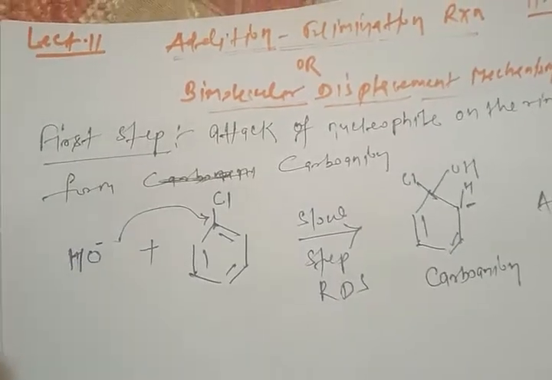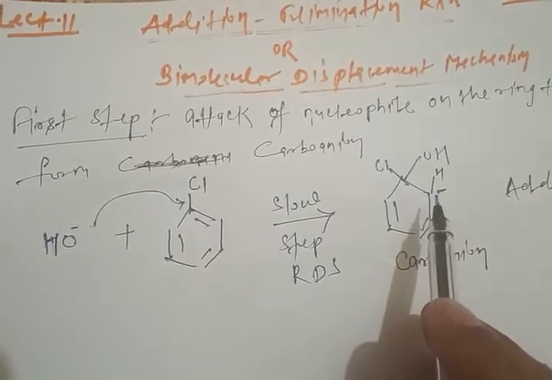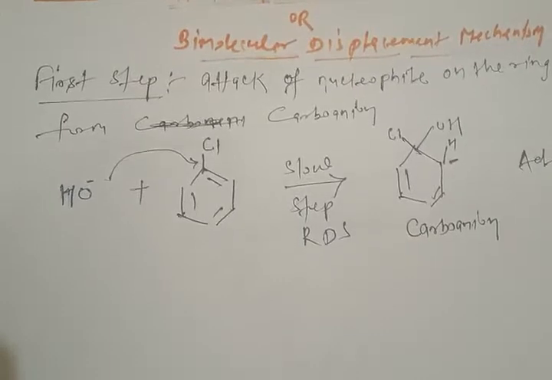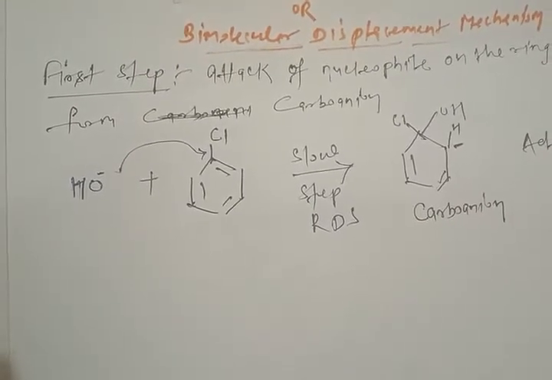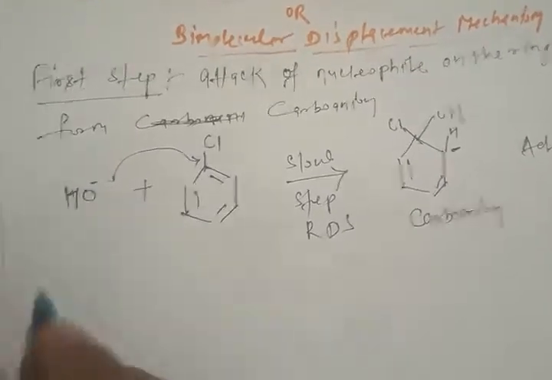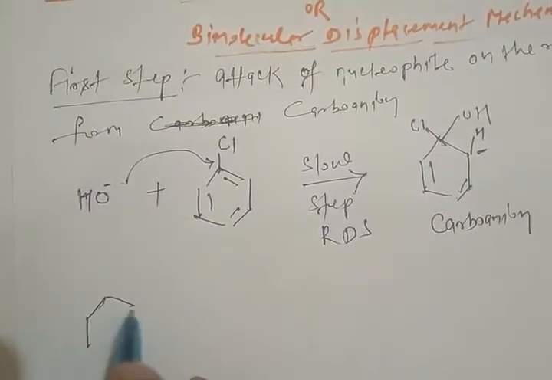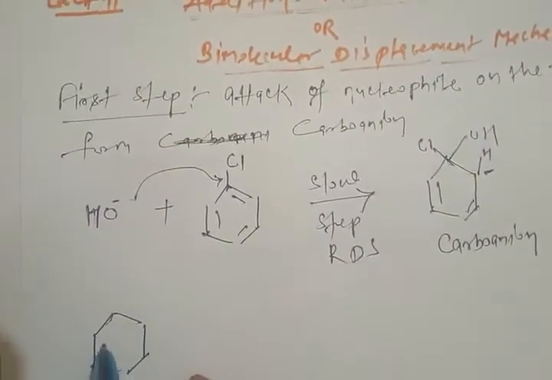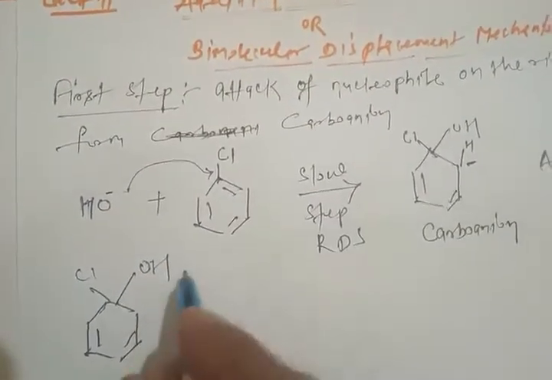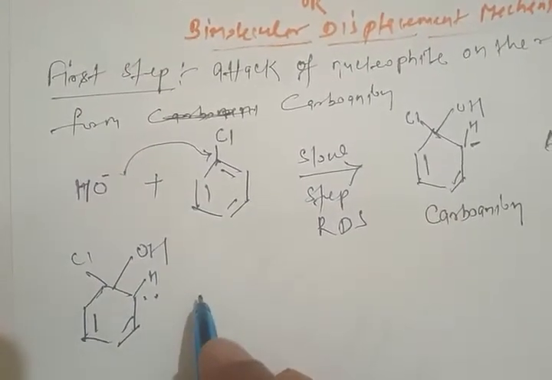And this carbanion will be resonance stabilized. I think there is no need to go into that, but I'll quickly show what will happen. Here is the Cl and then the OH, and this is the negative charge and hydrogen.